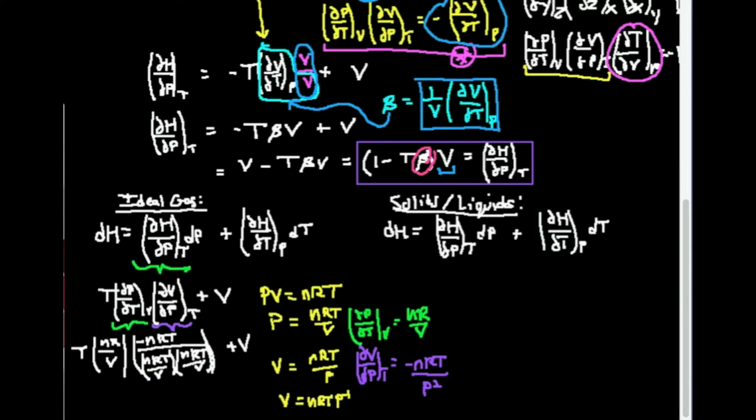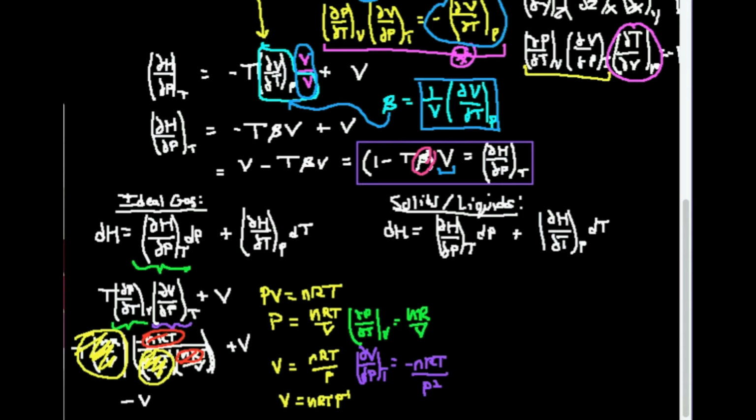So notice one thing. First of all, I have an nRT over V here, nRT over V here, so those cancel, right? Notice also I have an nRT right here and an nRT right here. Those cancel. Now, if you were to simplify this further, notice I have a minus 1 over volume.